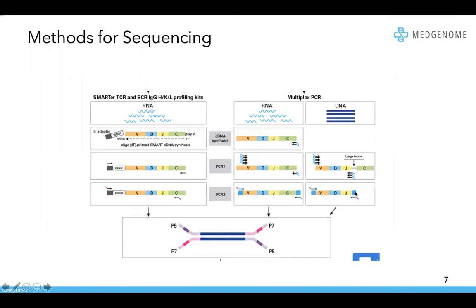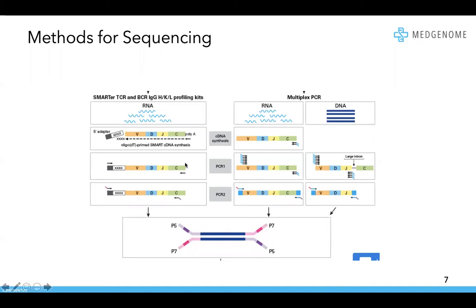But you can see from this, the positive of using DNA is that it's a lot more stable than RNA. And with this multiplex PCR, because there's only one copy of DNA in each cell, it makes it better at quantifying absolute values of certain clonotypes as they appear in your sample.